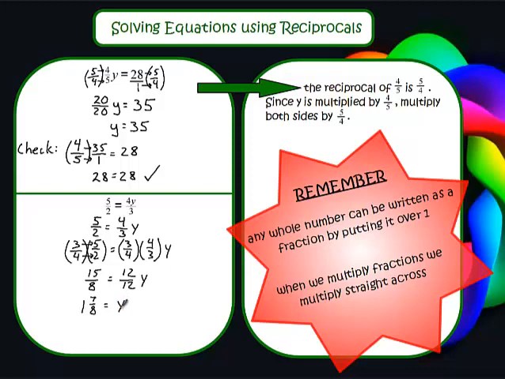I would say 5/2 equals 4/3 times, I'm going to go back to this one, so 15 over 8.